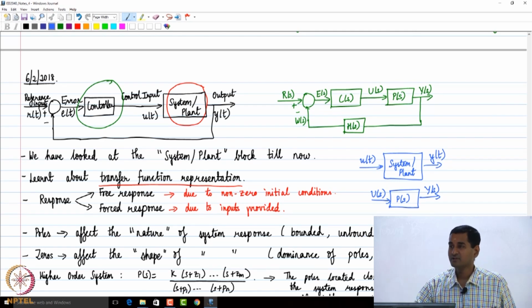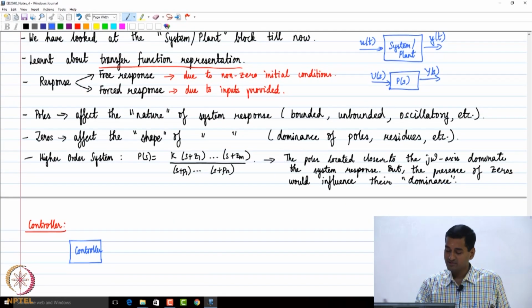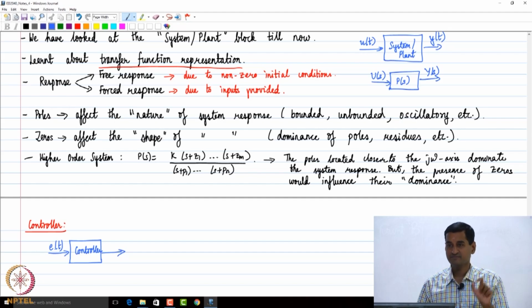So now we are going to look at the controller block. If I want to draw a similar diagram for the controller, what is the input to the controller and output from the controller? If you look at the closed loop diagram, input to the controller is the error, which comes from the summing junction. And output from the controller is a control input, u of t, correct?